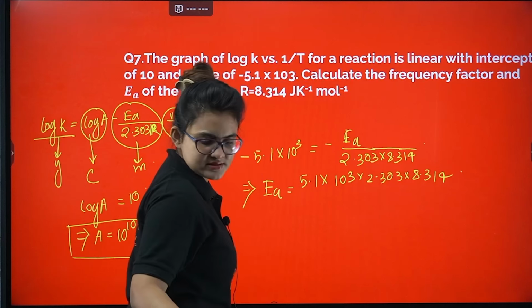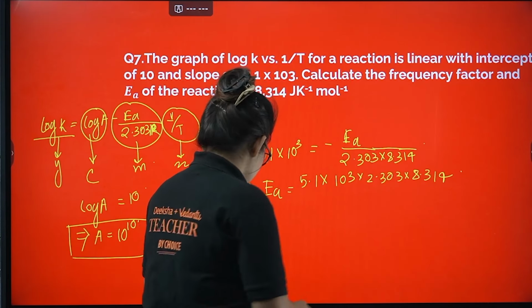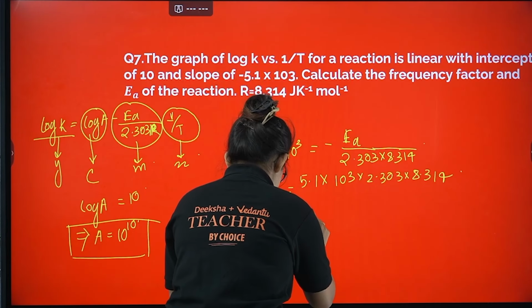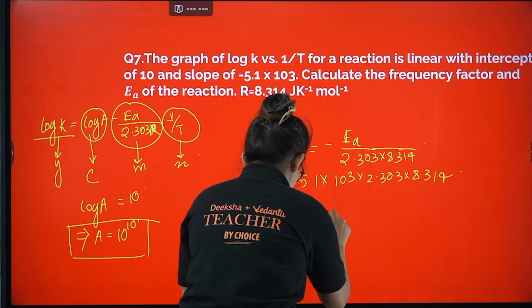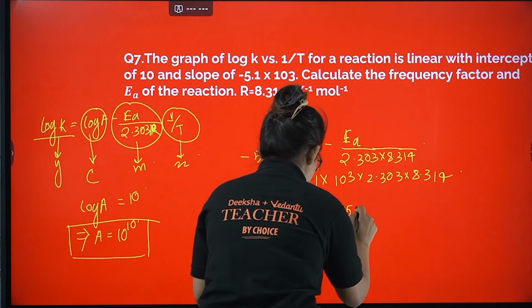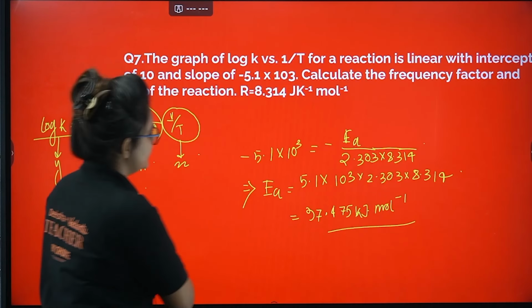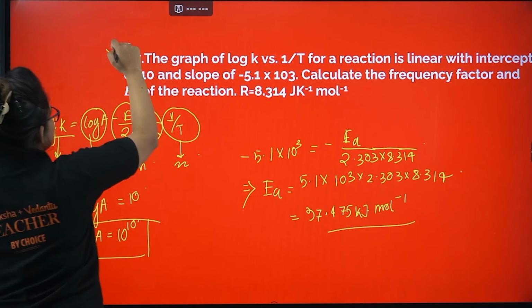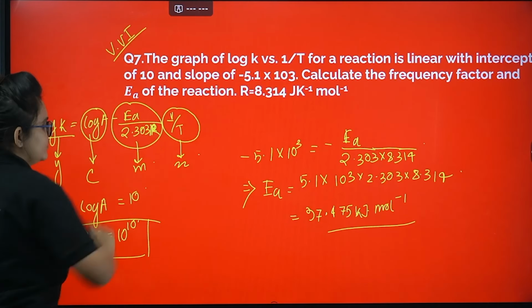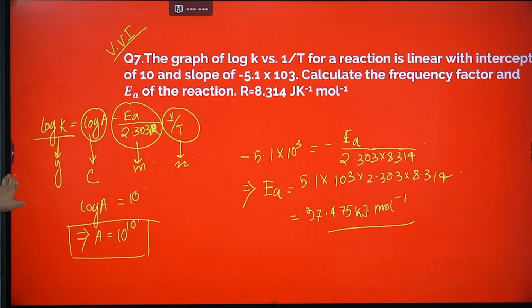If you calculate this, you will end up with the answer, that is 97.475 kilojoule per mole. That is your answer. I guess this is clear. This is also one of the very, very important problems. Okay, let's go ahead.